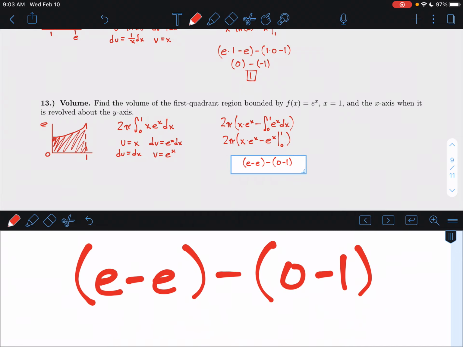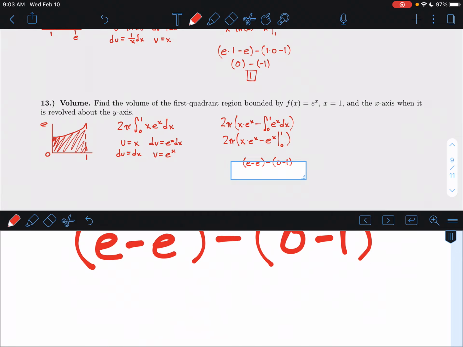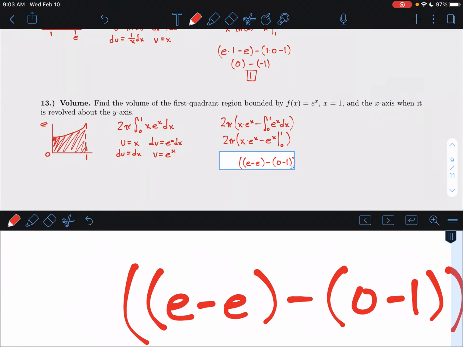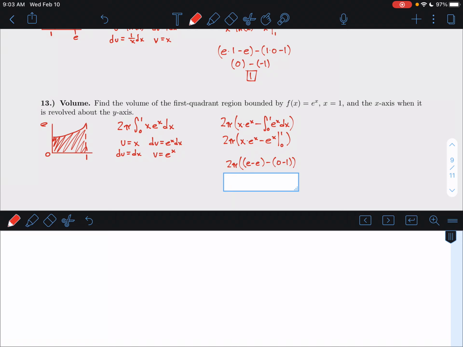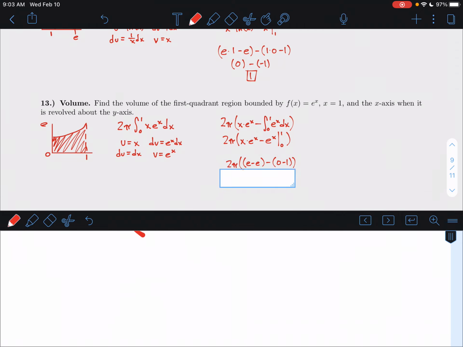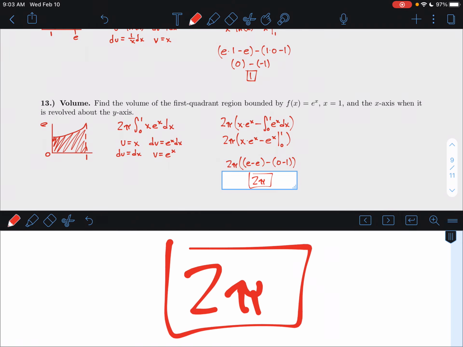But e minus e is 0. 0 minus 1 is negative 1. Oh, I forgot my 2 pi. So I know that e minus e minus 1 is going to be negative 1, times 2 pi is going to be 2 pi as my final answer. So the volume of this region when it's revolved about the y-axis is going to be 2 pi.